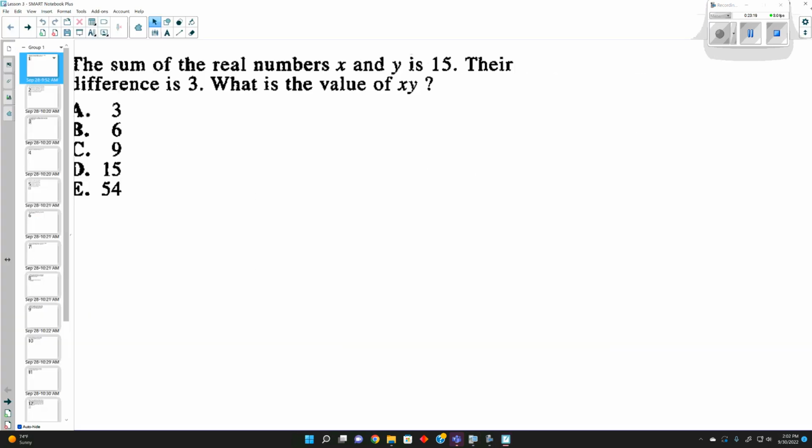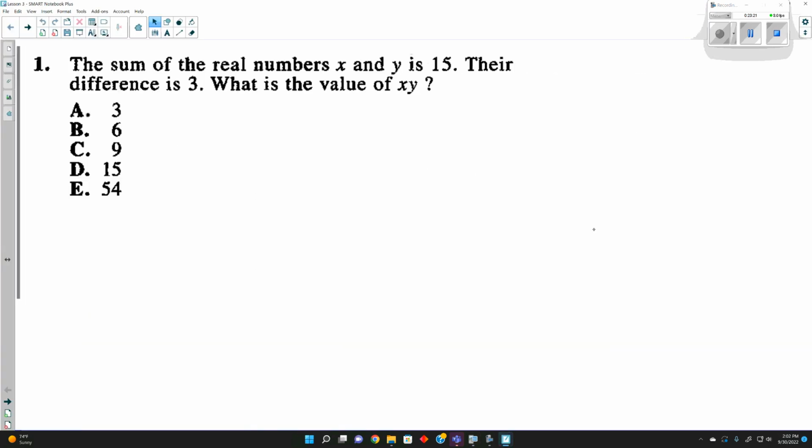Let's see here. Looking at the questions that it gave us, the practice problems. So we can look at the practice problems here. So the first one here, the sum of the real numbers x and y is 15.